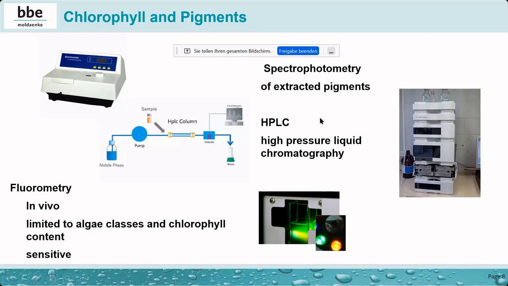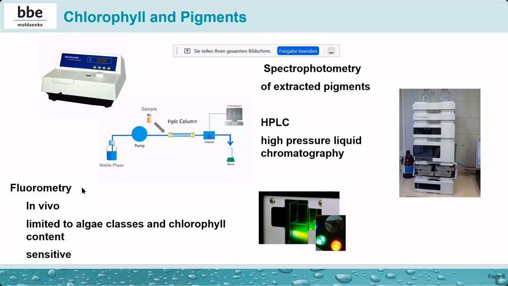More helpful is high pressure liquid chromatography, where we also extract the different pigments, but separate them on a column and determine the quantity afterwards by photometry or fluorometry. That is also a kind of spectrophotometer, but now we have the pigments separated and we can sort them. Another way, which we want to show here in the application, is fluorometry.